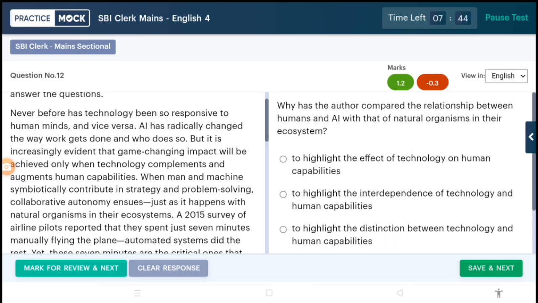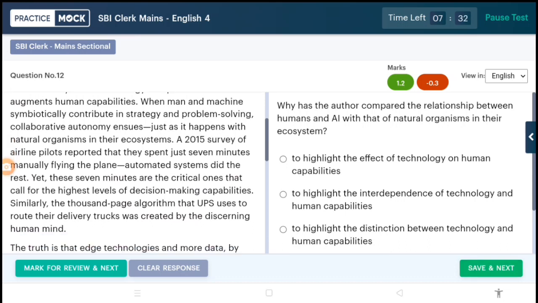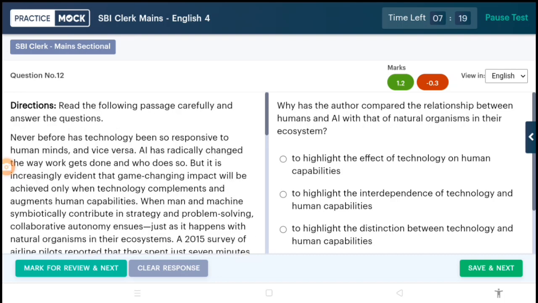But it is increasingly evident that game-changing impact will be achieved only when the man and machine symbiotically contribute to this strategy, just as it happens with natural organisms in their ecosystem. Relation between the humans and the AI.